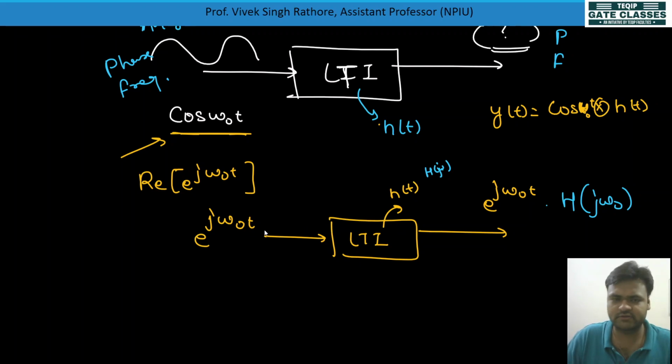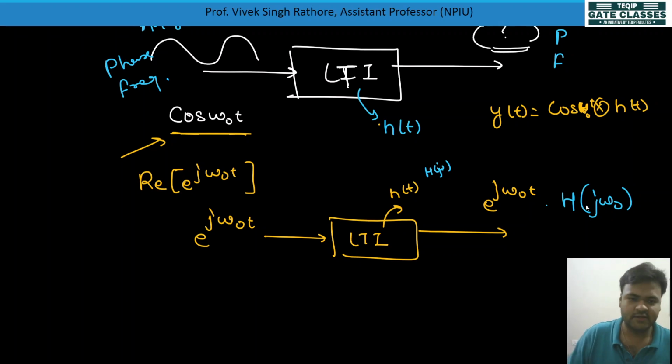This is Euler's function. If e to the power j omega naught t is given as input to an LTI system, e to the power j omega naught t will come in the output also, with the impulse response in frequency domain having the same frequency as your input. Means if input has omega naught, the output will also have omega naught.